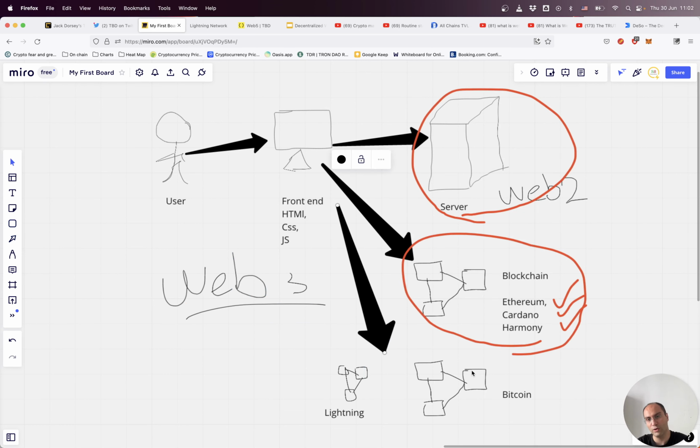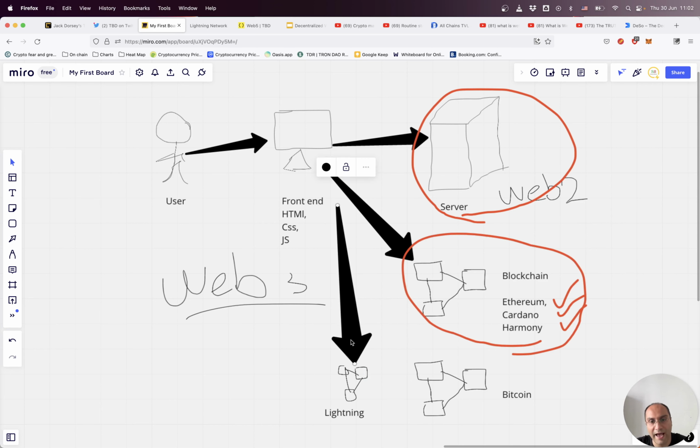But as you know, interacting and recording data on Bitcoin is not easy, or not possible to do in this way. So they said, instead of doing this, we will go to the Lightning Network and store the data on the Lightning, and the finality will go to the Bitcoin blockchain. This is the simplest way to explain Web5.